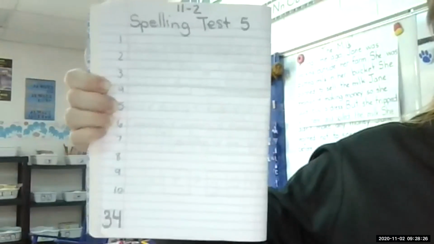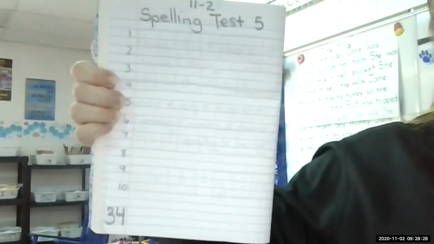And then number your page 1 through 10, skipping lines in between. And then you still have room on the bottom to write that phrase, that sentence, page 34. If you need to pause the video now to copy this down, please do that, and then hit play when you are ready.